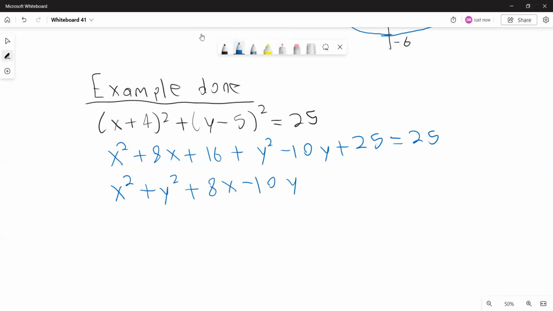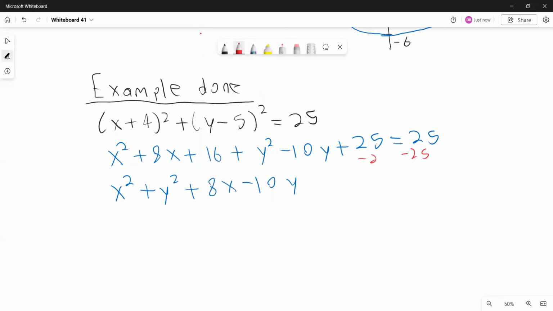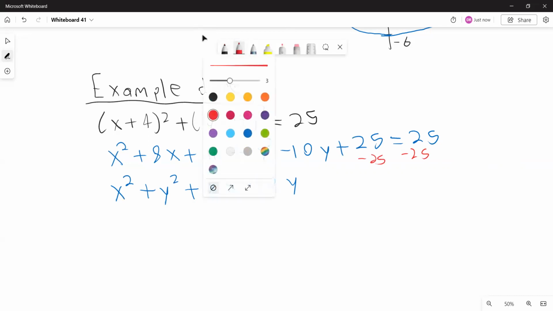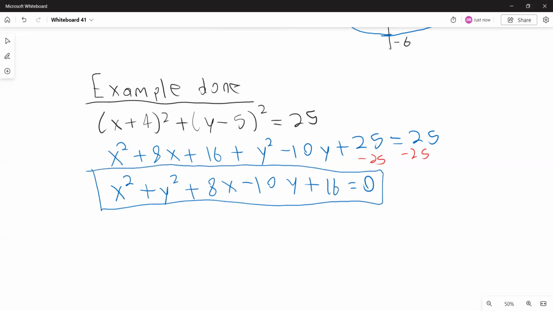Subtract 25 from both sides, and that's going to be plus 16 equals 0. Okay, so this type of form is called the general form.